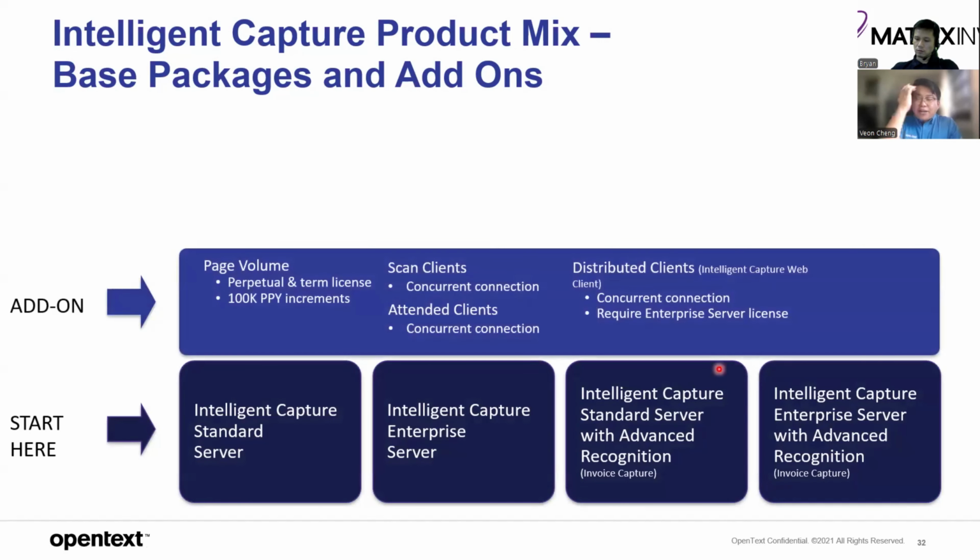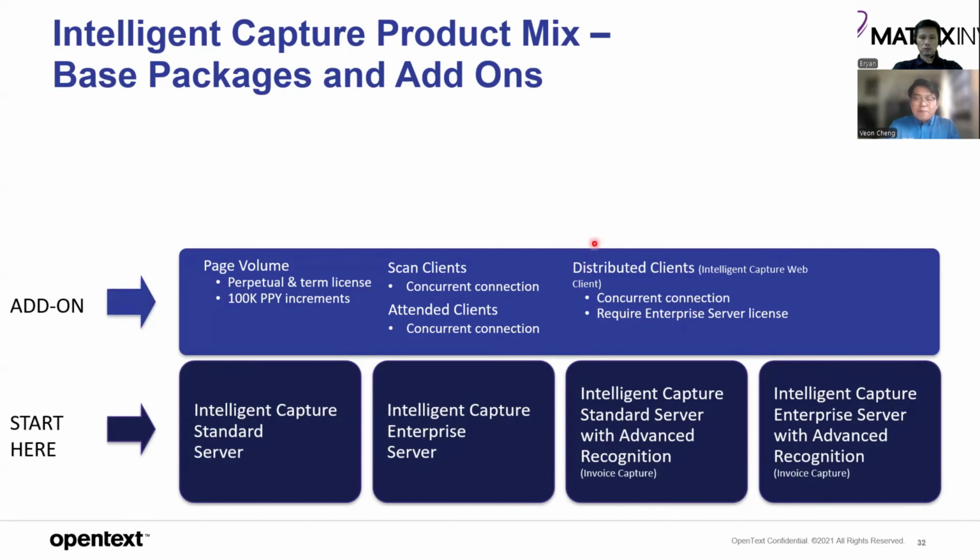Once we extract it out, the next layer that we need to consider is the number of volumes, so the number of pages they need to scan per year, followed by the clients. We provide a few clients: the scan clients, attended clients, as well as the web clients.